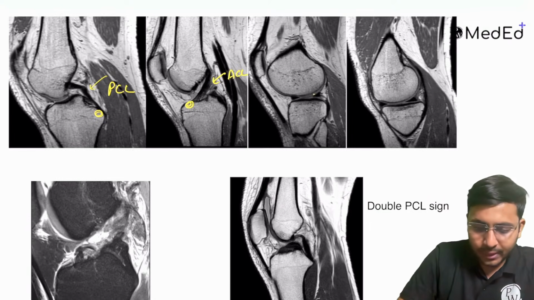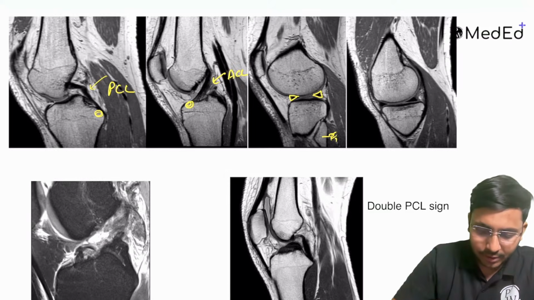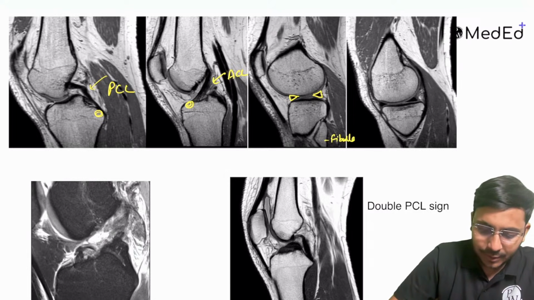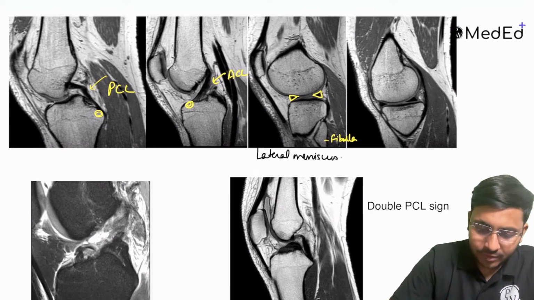Now these two bow-type shaped structures, if you're seeing the fibula, this means that this is the lateral meniscus. And if you're not seeing the fibula, that means these two structures here are medial meniscus.